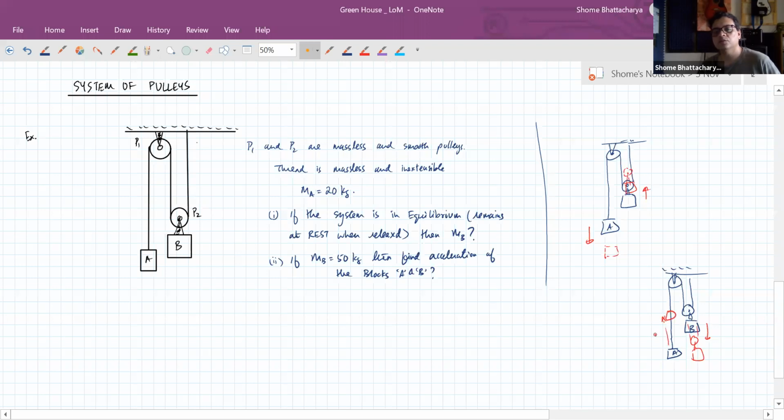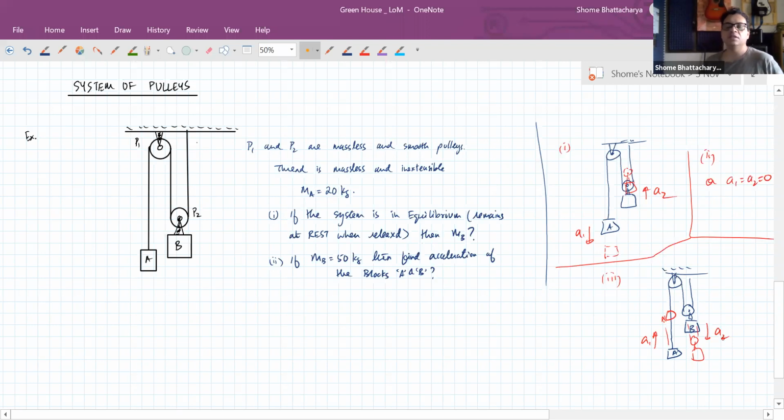So this could also happen. So A could have an upward acceleration, B could have a downward acceleration. Or it could be that A is having a downward acceleration, B is having an upward acceleration. Or it could also happen that a1 and a2 are both zero. The third possibility is also there. So there are three cases possible: case 1, case 2, and case 3. And which of the three is happening actually depends on the masses, what kind of masses they are.